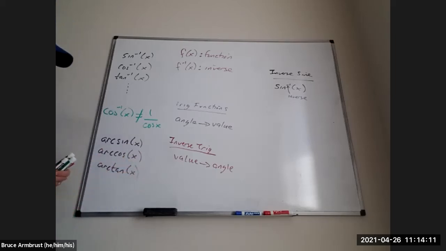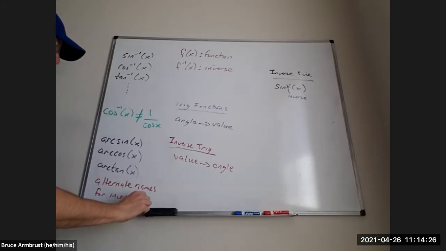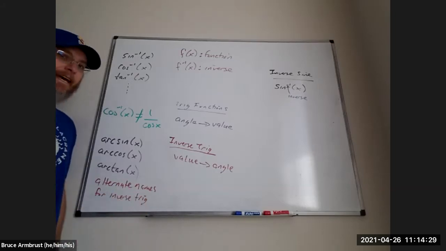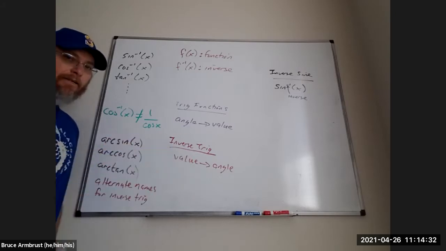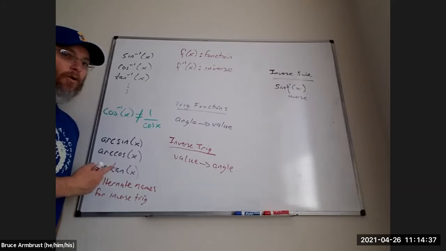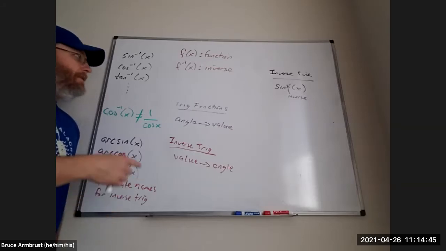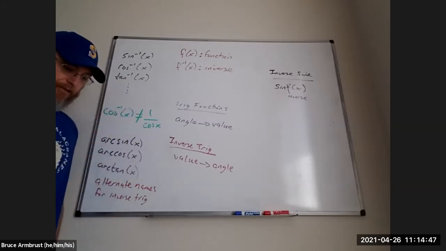These are other names for the inverse trig. So if you ever see arc something, that's just your inverse. The arc names are older, more traditional. Now we tend to just use the little -1.